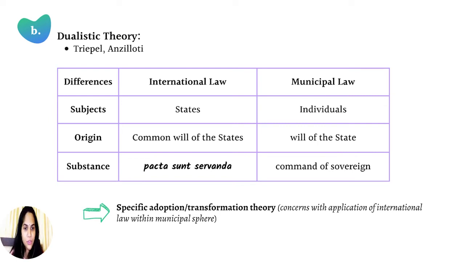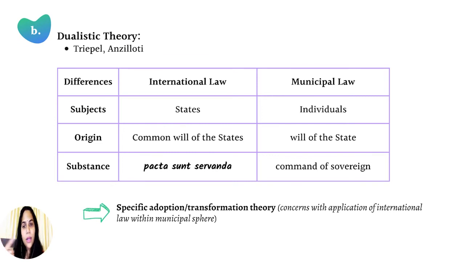Now the next thing I would like to highlight is the specific adoption or transformation theory. Again, I would like to remind you that this is not a theory concerned with the relationship between the two laws. There are only two theories of relationship: one is monistic, the second is dualistic.